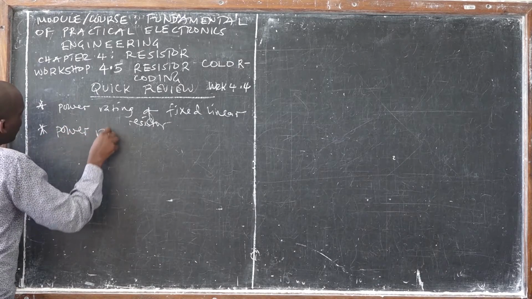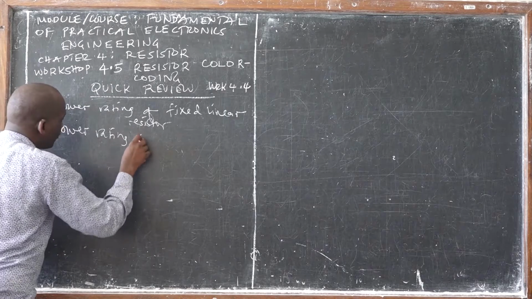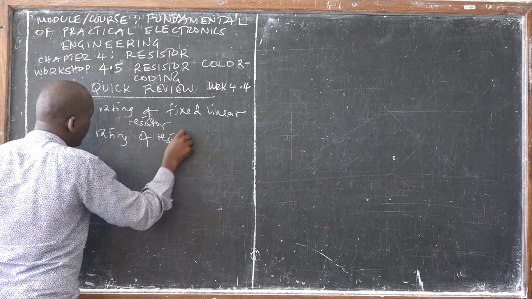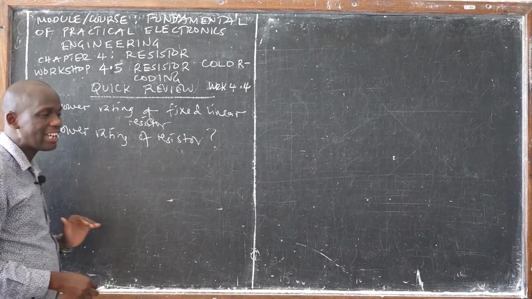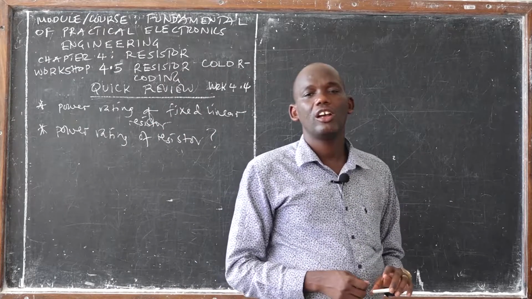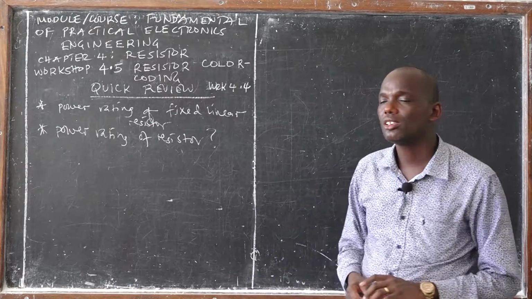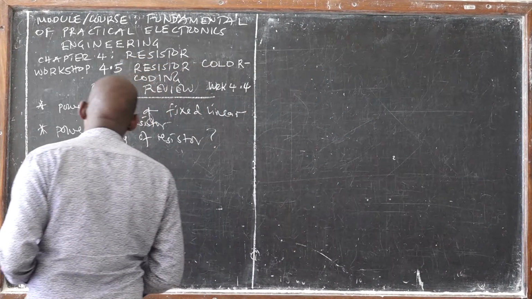If you don't know the definition of power rating, I offer two definitions. Power rating of a resistor is the maximum amount of power.